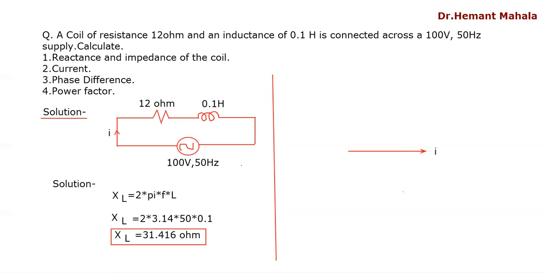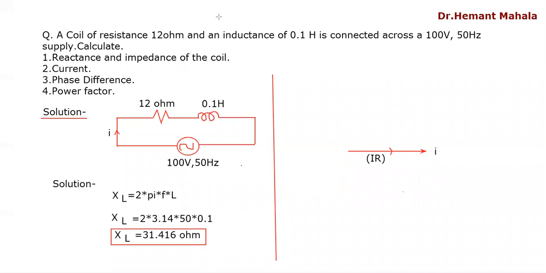Okay, it is given by IR. So this voltage I into R is in phase with this current.